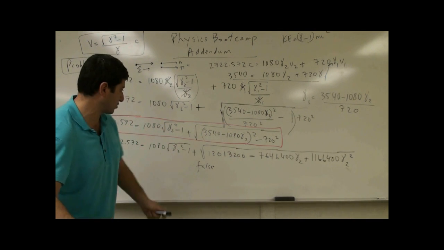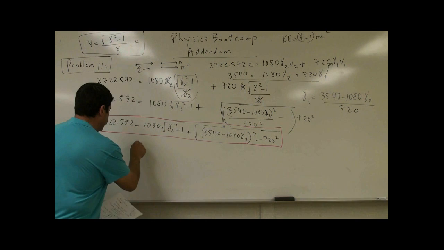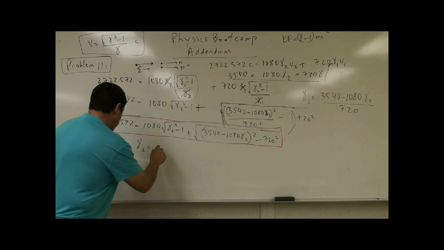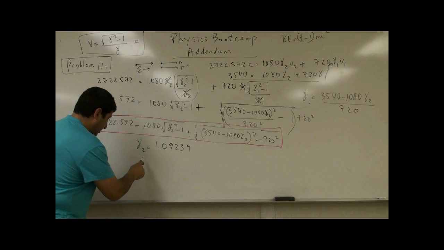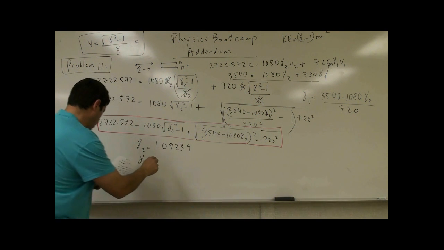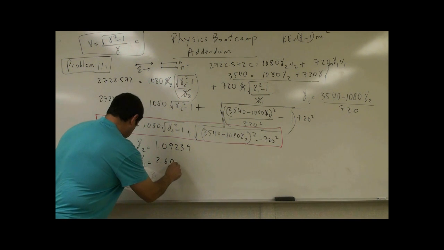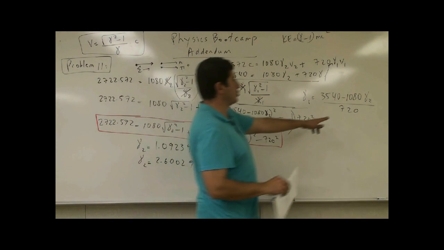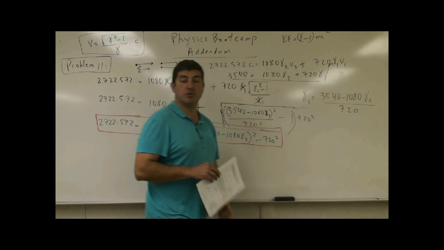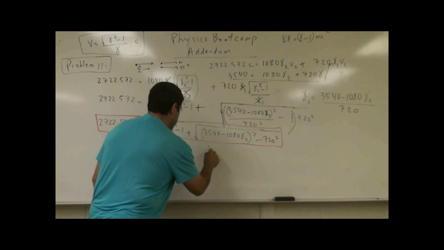Two possible answers. Gamma 2 is equal to 1.09239. The other possible answer is gamma 2 is equal to 2.60029. Then you take those gamma 2, you put it into here, and you calculate the corresponding gamma 1.